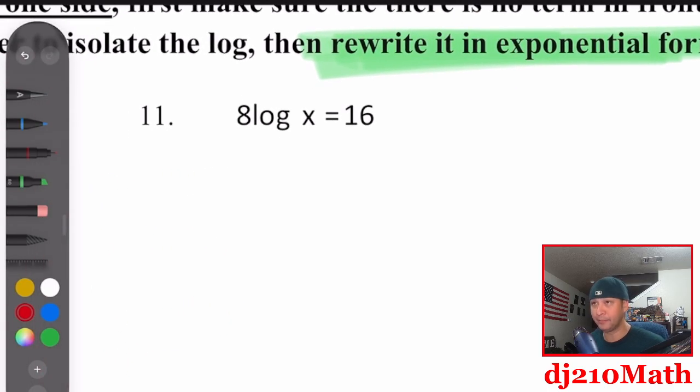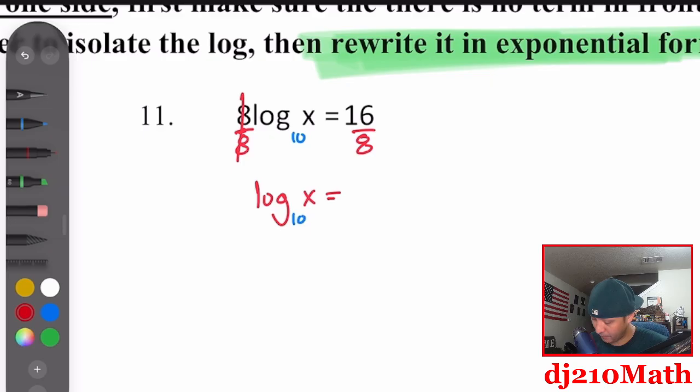All right, number 11. Here, there's an 8 in front. So the log, we have to isolate it. So that means we have to divide both sides by 8. In this case, that's actually really nice because this is going to be log base 10, right? Because it's understood that if there's no number, the whole world knows that there's a 10 there. This is equal to 16 divided by 8 is 2.